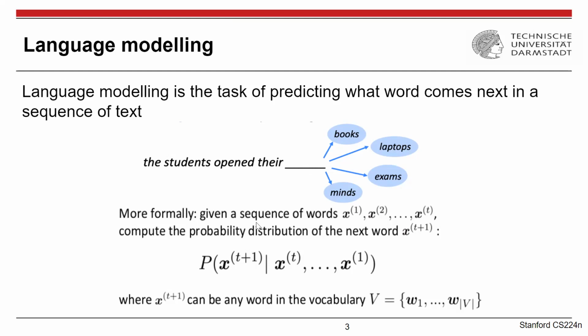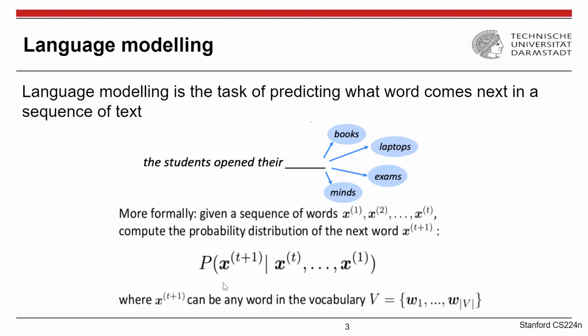So how to express it more formally? It is actually expressed in the form of a conditional probability distribution. So you are trying to estimate the probability of every word out of all the words in the vocabulary, the probability that x_{t+1}, which is this position, is equal to books, given that all these words have come before this x_{t+1} word.